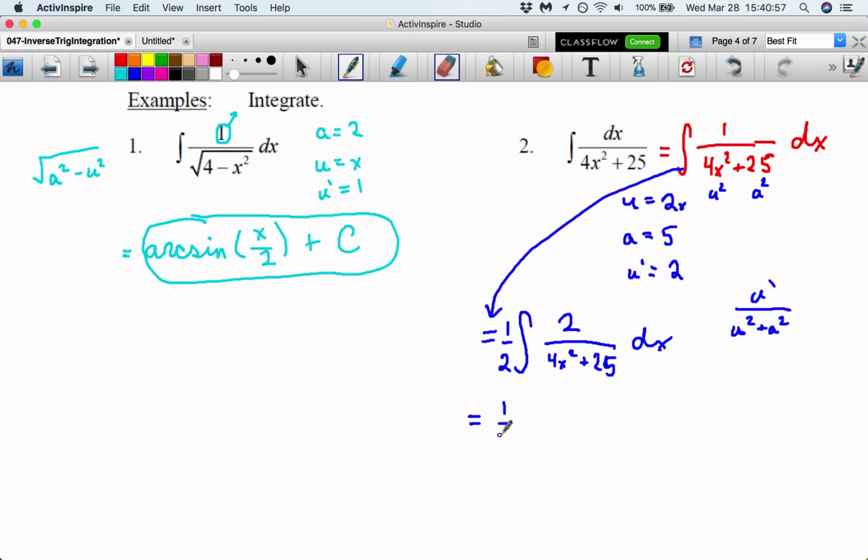So I'm going to have a 1/2 times arctan of 2x over 5. Oh, I'm sorry. It shouldn't be 1/2 times 1/2. It's 1/2 times 1/5 plus c. Now, why this 1/5?